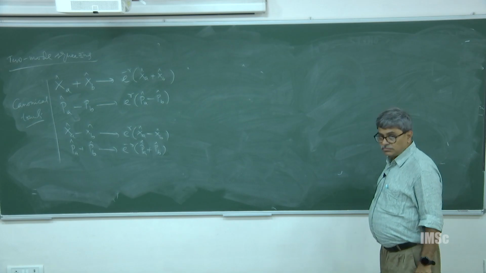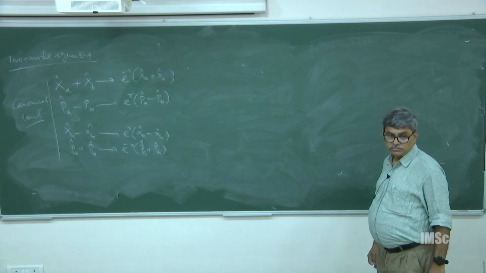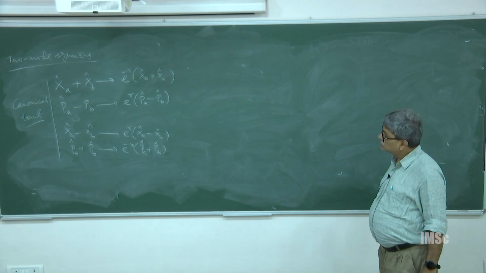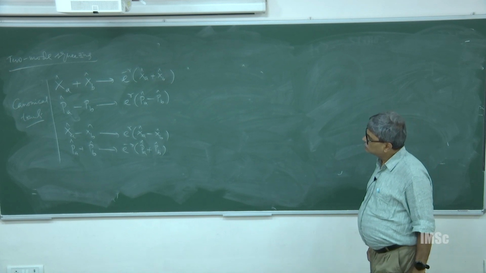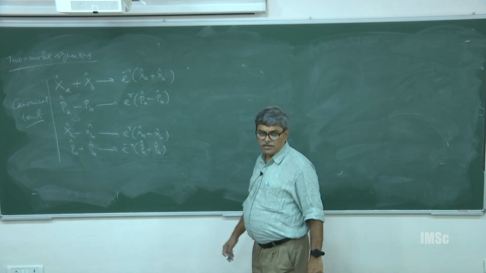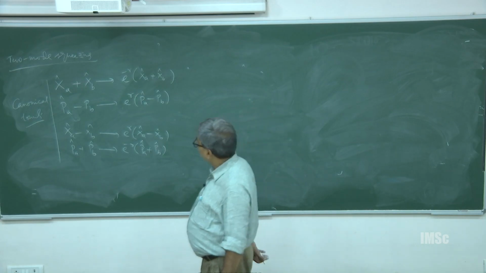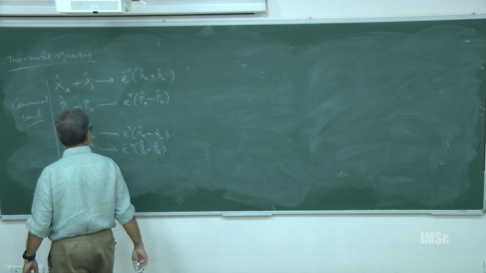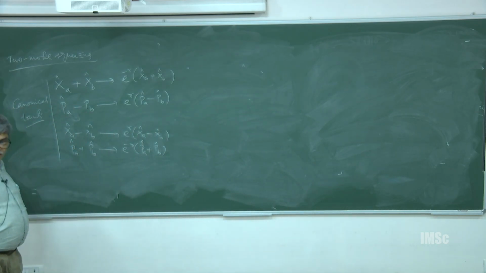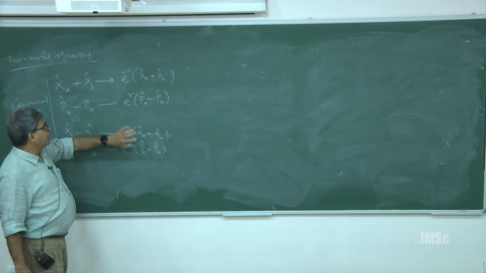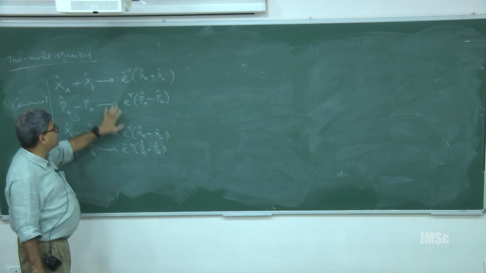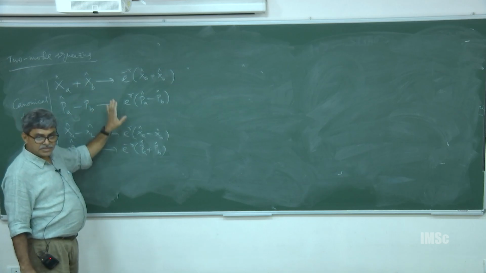Now, suddenly, how does xa minus xb become e to the power r? Like xa plus xb, you had e to the power minus r, right? Yes. Xa minus xb, how could it be e to the power r suddenly? Yeah, see, the thing is, this canonical transformation is consistent.